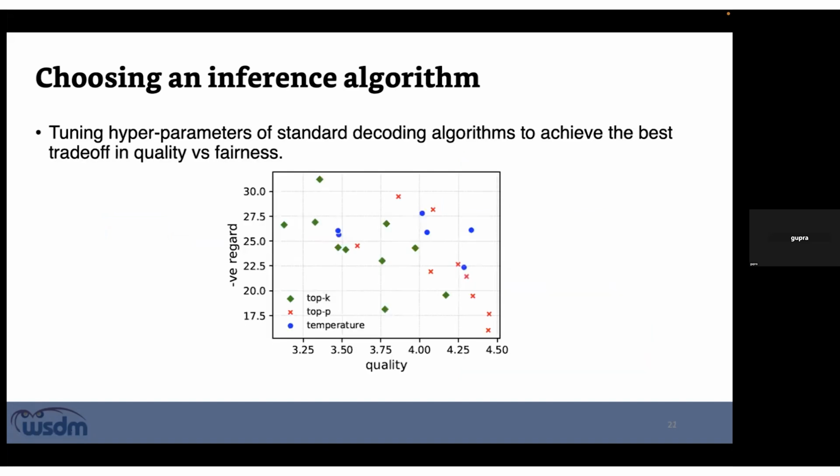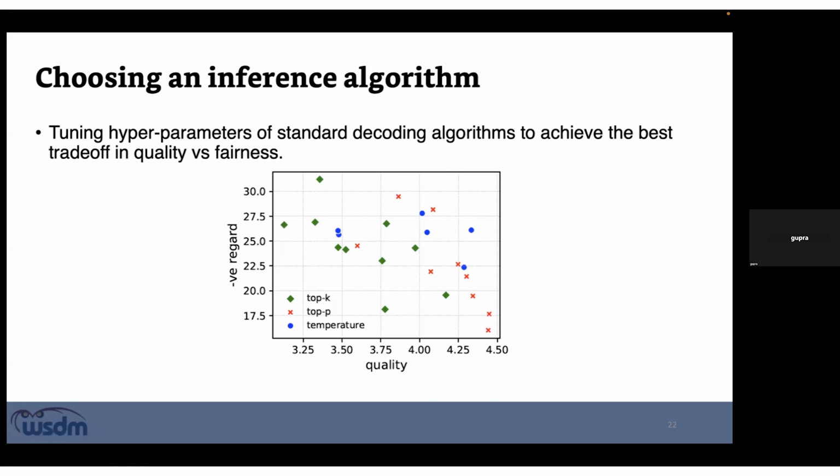It was again interesting to see that people generally tend to tune for quality when they're tuning the hyperparameters of these algorithms, but there isn't a pattern there either when it comes to getting the best trade-off between fairness and quality. It is a bit scattered, and you have to do a grid search to make sure that you get the best trade-off between quality, fairness and diversity, and you have to choose the hyperparameters correctly.